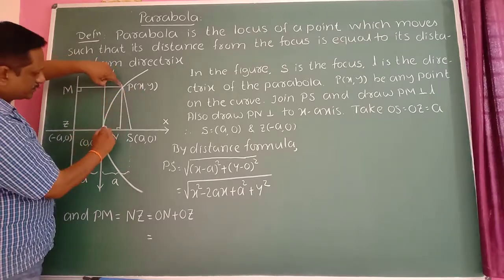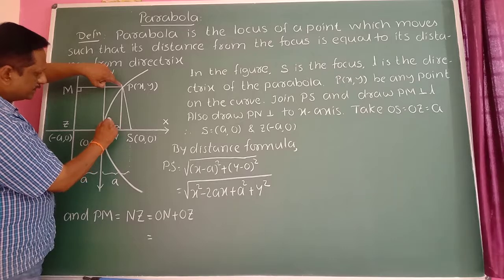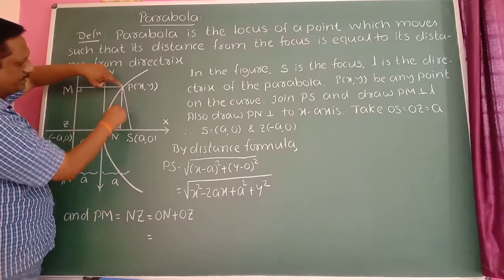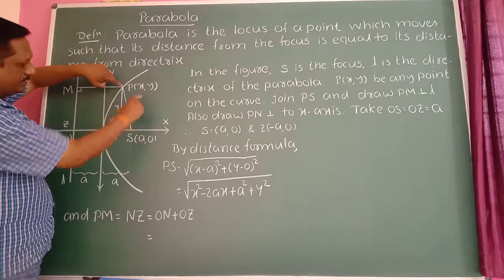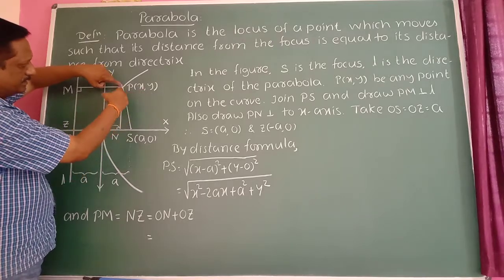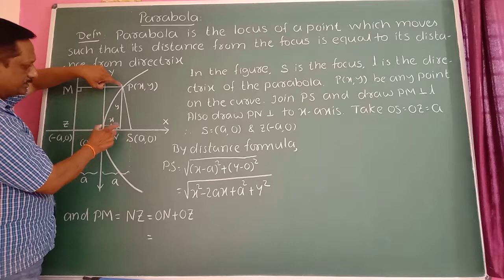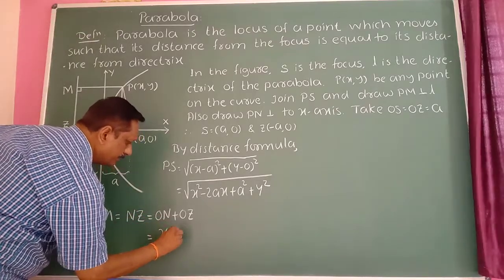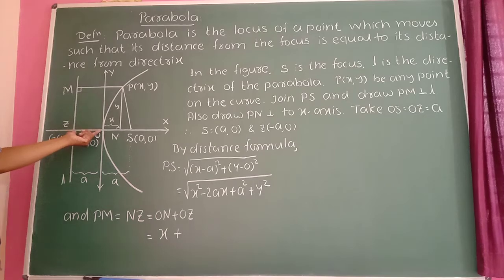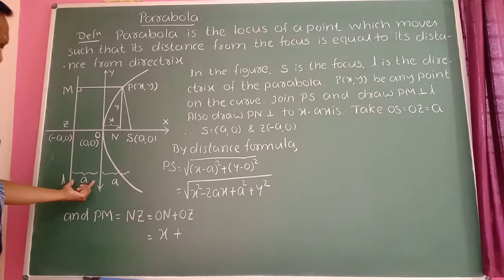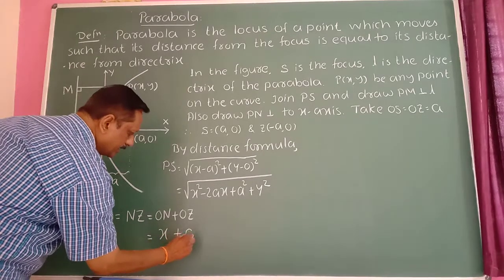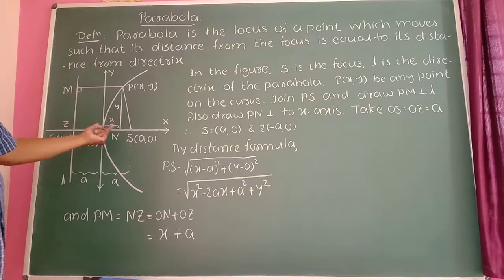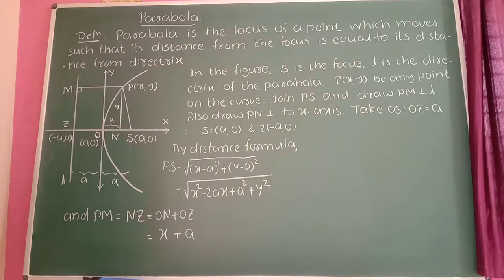Here x denotes this distance. Y denotes this PN height. So ON is x and PN is y. OZ is taken as a. Therefore PM is equal to x plus a.